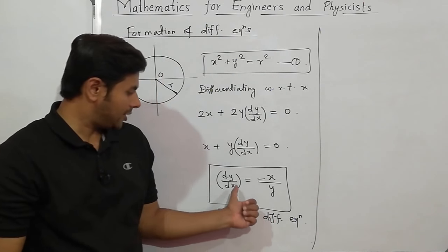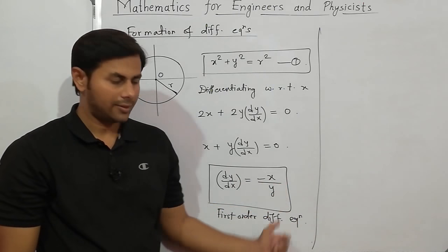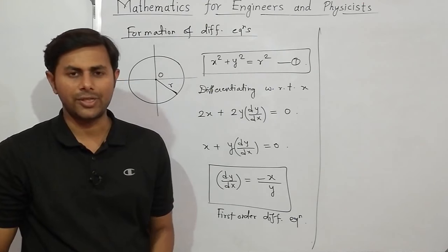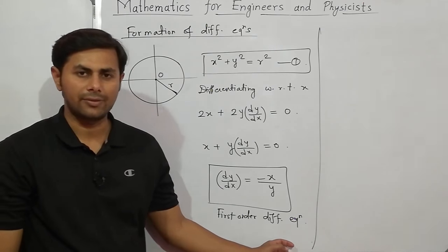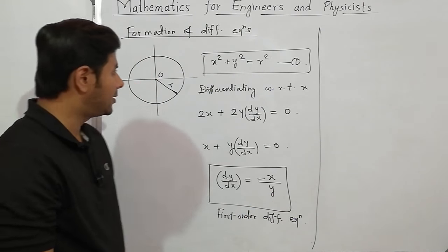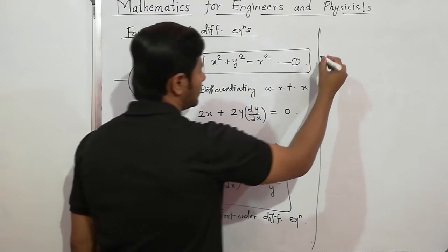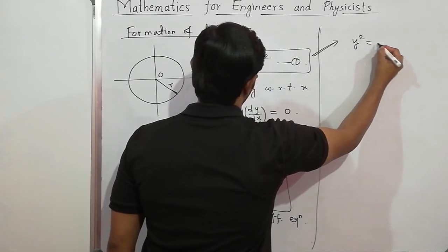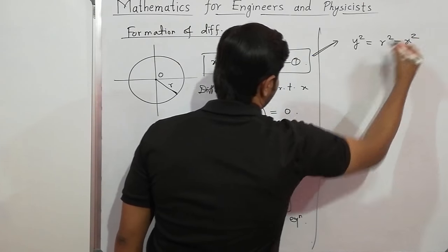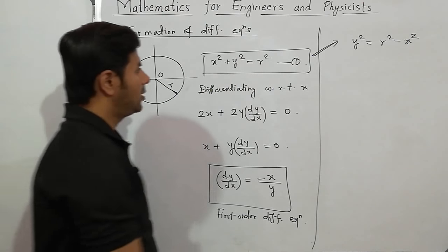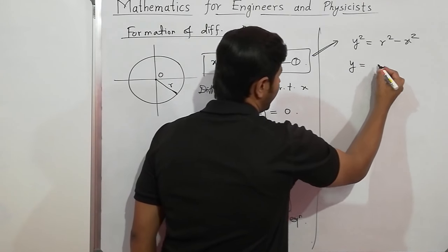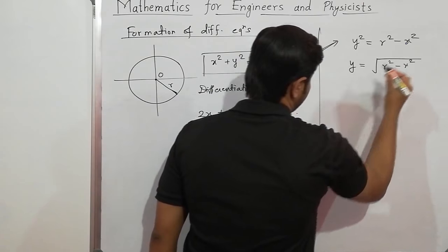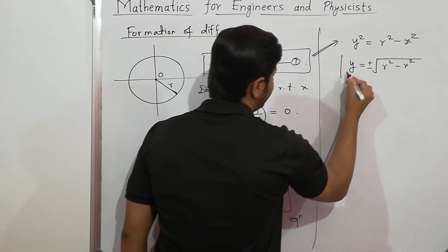Now any relation between y and x which satisfies this equation is called as the solution of this differential equation. So we can get that solution from here. We can rewrite this as y square equals to r square minus x square, and therefore y will be equal to square root of r square minus x square, both plus and minus.